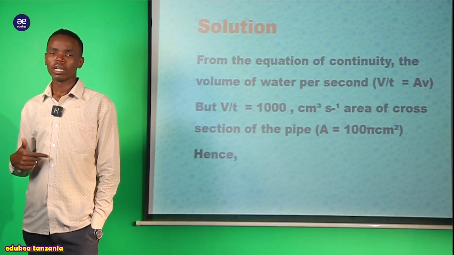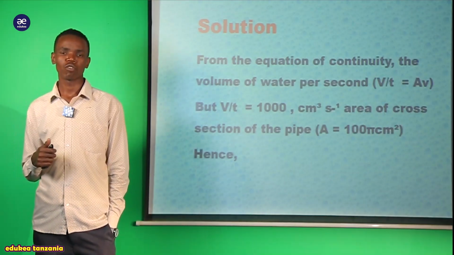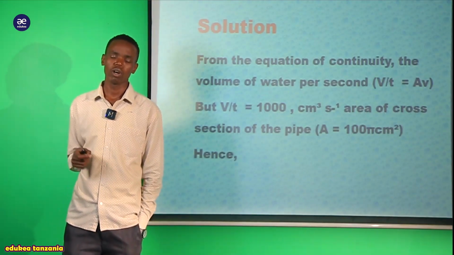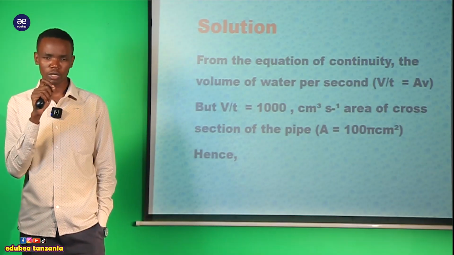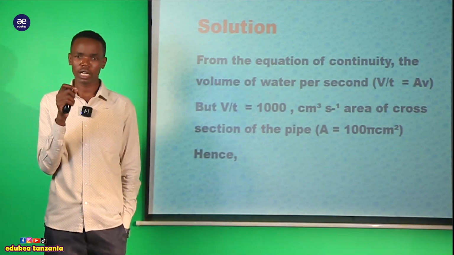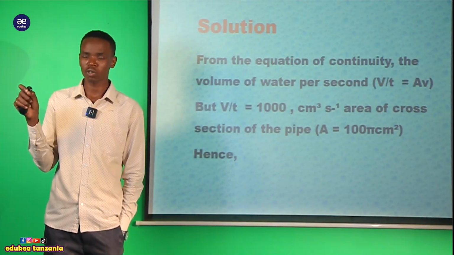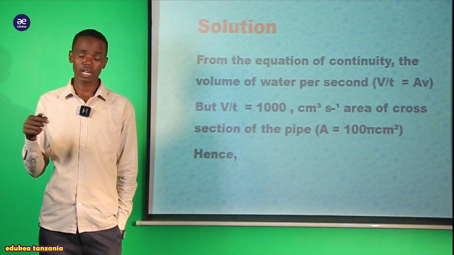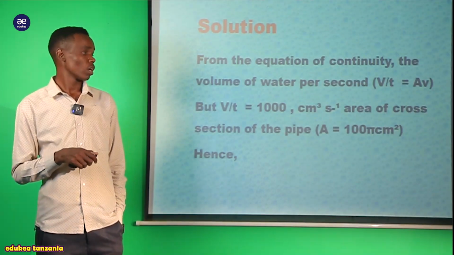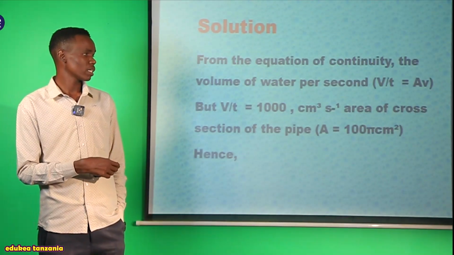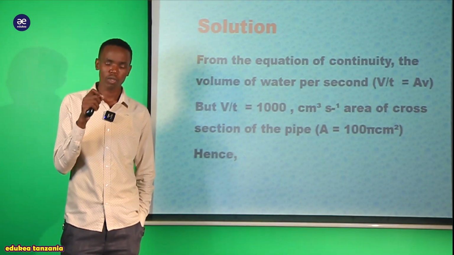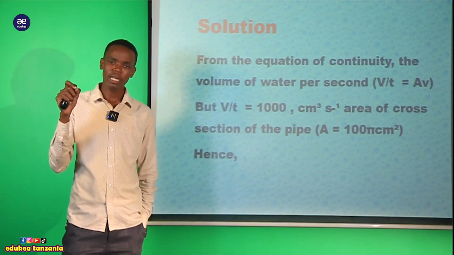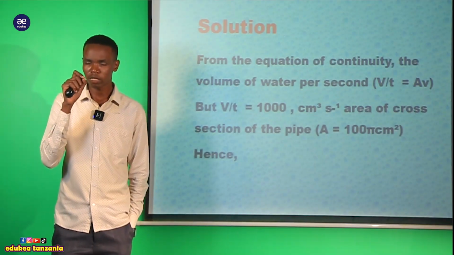And we said that this is explaining the volume flux, or sometimes we term it the rate of flow of volume. So our formula A1V1 is equal to A2V2 is explaining the rate of flow. Our principle says that AV remains constant for an incompressible fluid.